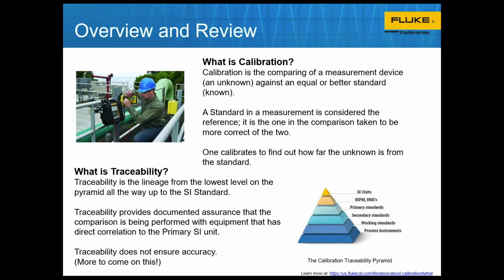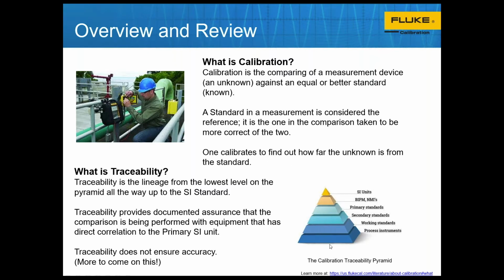The concept of traceability is something I want to touch on now. We may make reference to it a couple of times or it may come up later, so I just want to be clear about it. Traceability is not necessarily accuracy. What traceability is, is a documented chain between your process instrument out in the field to the working standard, like that calibrator the person is using from Fluke, up through, say, the standards that GTS has available to them to do calibrations, all the way up to the country standard.